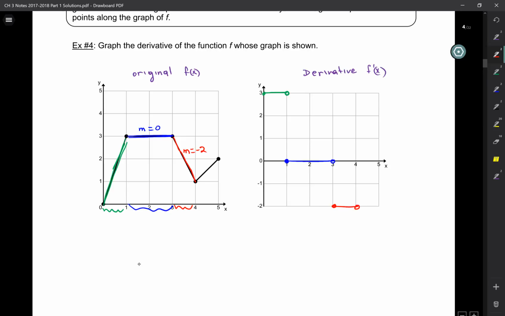All right. The next one is from 4 to 5. And what's the slope there? 1. I have a question. Why is that one open and that one closed, and you have to close it at the end? No, that one should be closed.